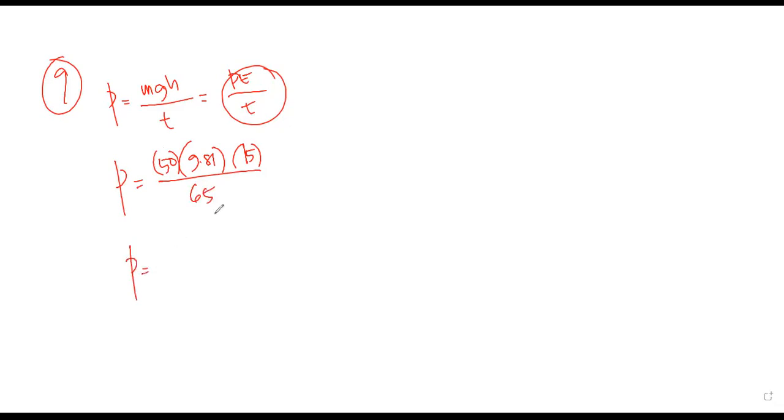So power, that is, you have the kilograms times meter per second square times meter, okay, divided by time. So you have this one, so this will constitute to Newton multiplied by meter divided by the unit time. Newton meter per second, or basically joule per second.